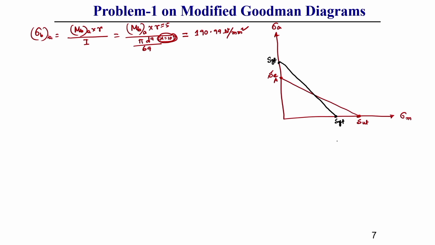Now, these two lines, let us consider this is B, this is C, this is our D, crossing at a point, let us consider P. So, let this be our origin O. The zone O, A, P, D is the safe zone, that is the modified Goodman diagram.